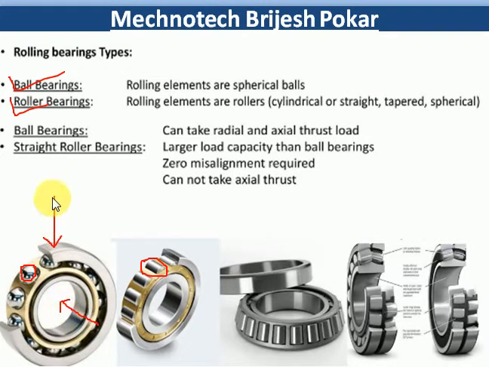Okay, so the load from the radial side and the load from the axial side, a ball bearing can sustain, right? Now a roller bearing can sustain only the radial load, it cannot sustain the axial load. So it cannot sustain axial load in particular.